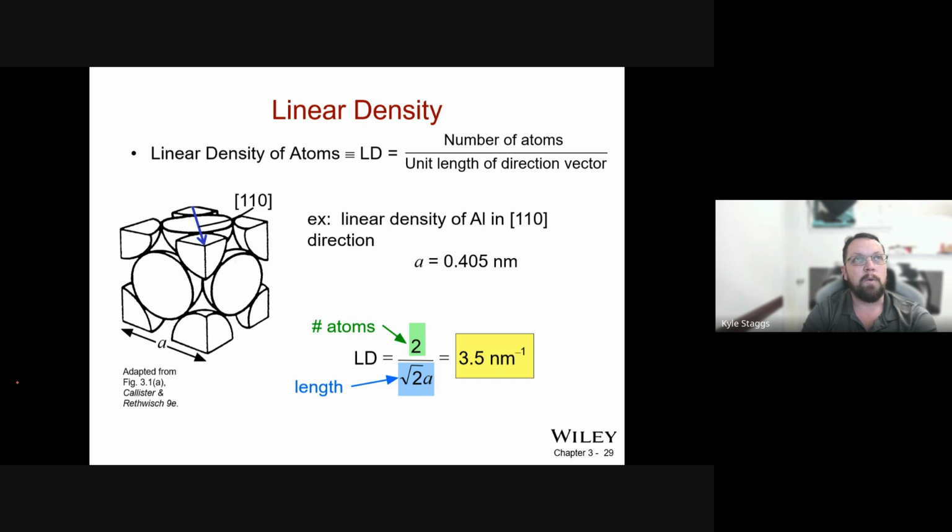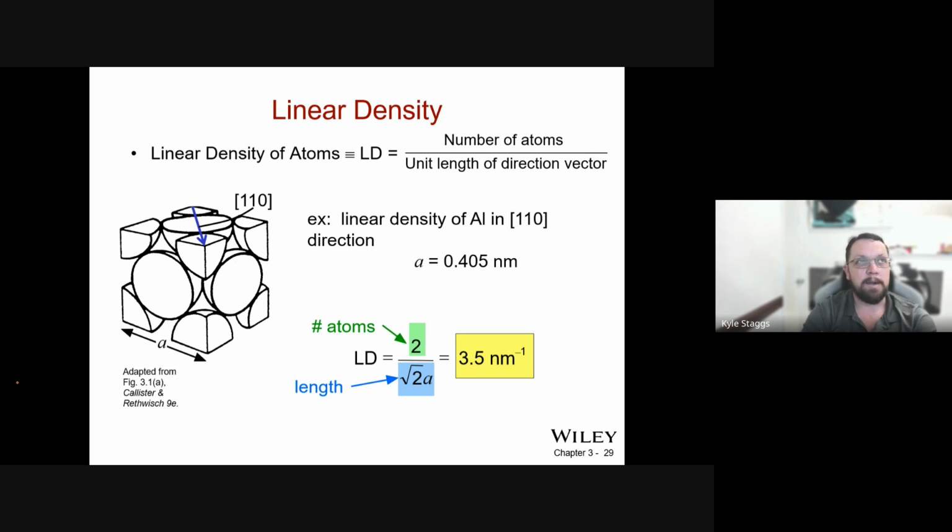So on a 110 direction vector for, in this case, face-centered cubic, what we look at for something like aluminum in the 110 direction is an a value of about 0.405 nanometers.